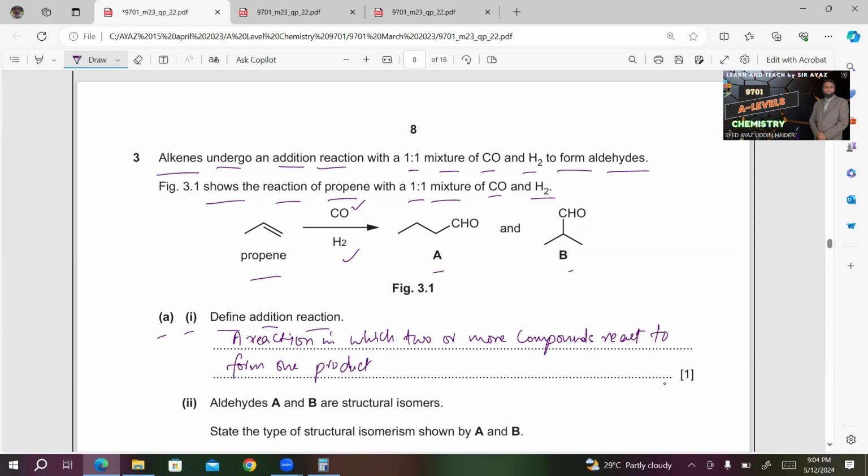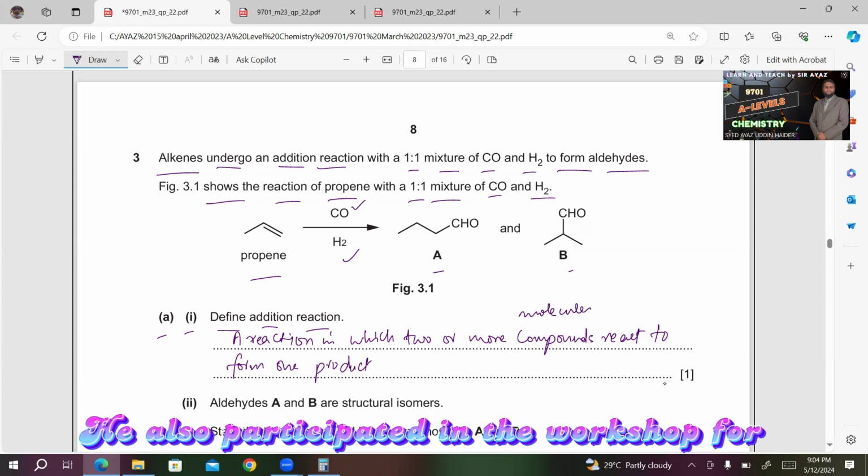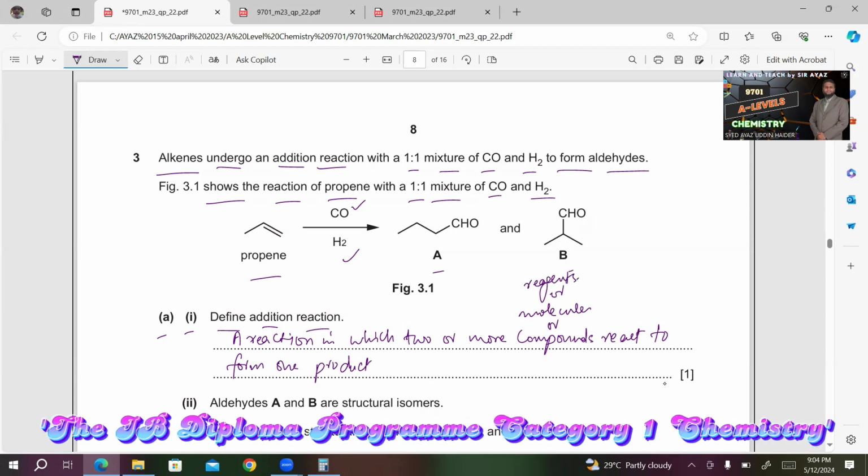Now for compounds, you can even write molecules, or even reagents.